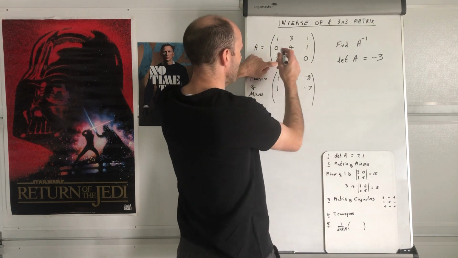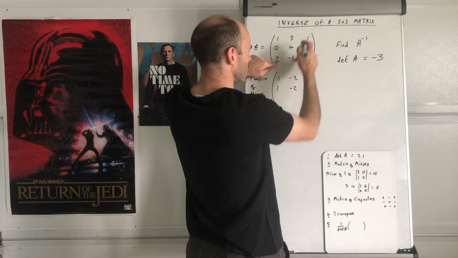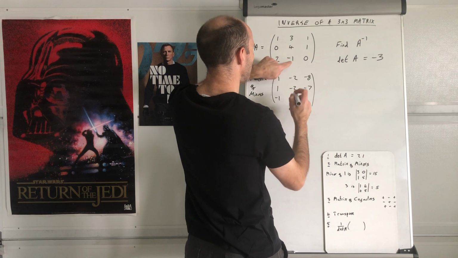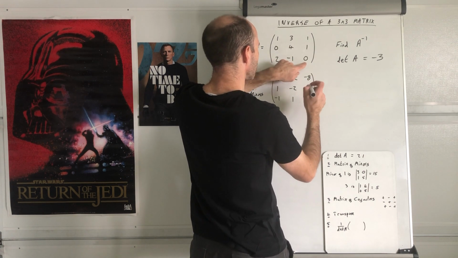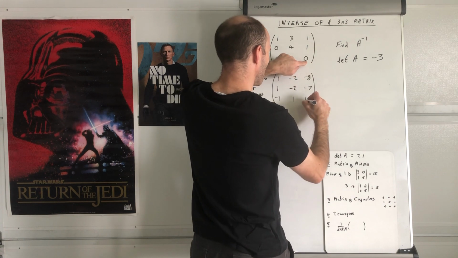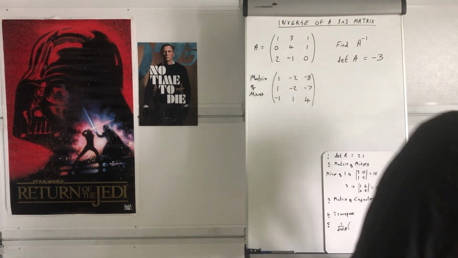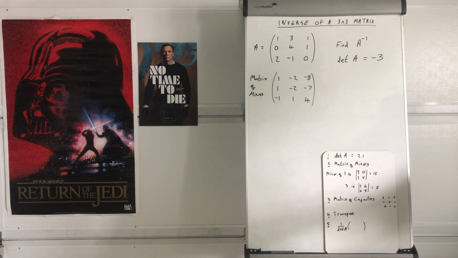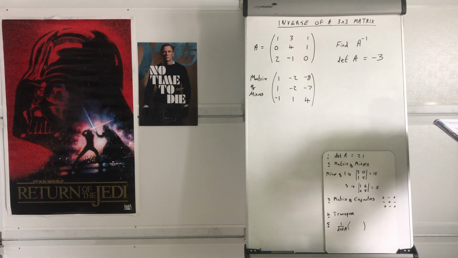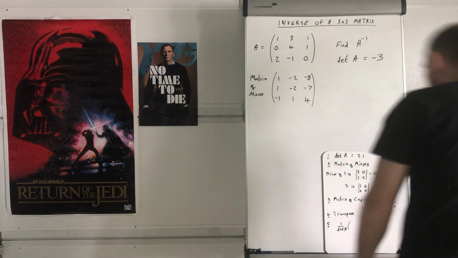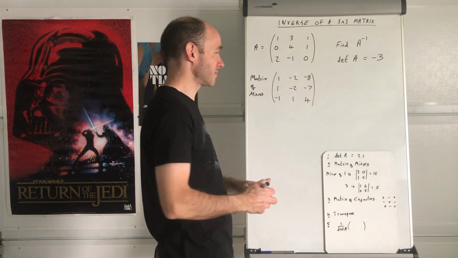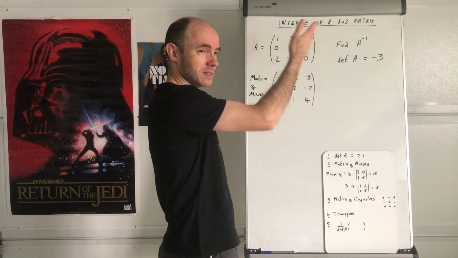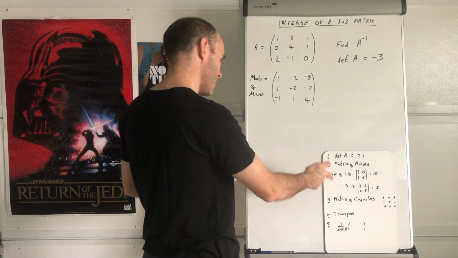This one there is going to be 3 subtract 4, -1. This one there is going to be 1, and this one there is going to be 4. Let's just check that, shall we? Matrix of minors: 1, -2, -8, 1, -2, -7, -1, 1, 4. Yes. That's usually where I mess it up, not the determinant. There you go. Matrix of minors done.